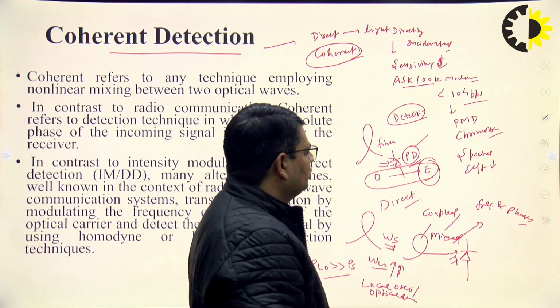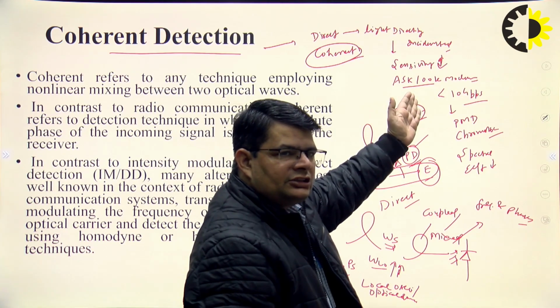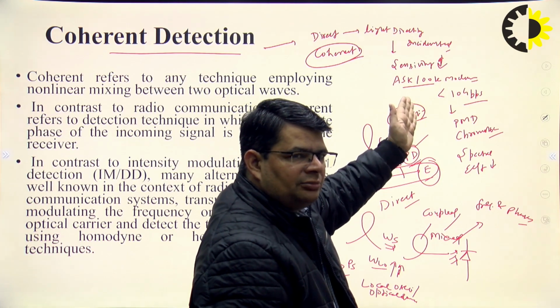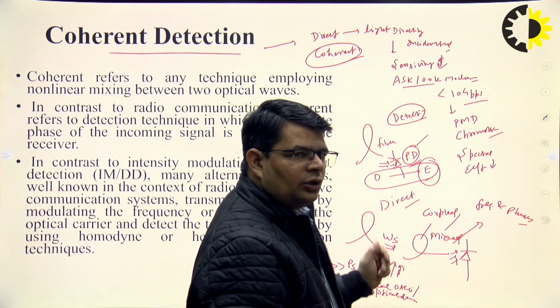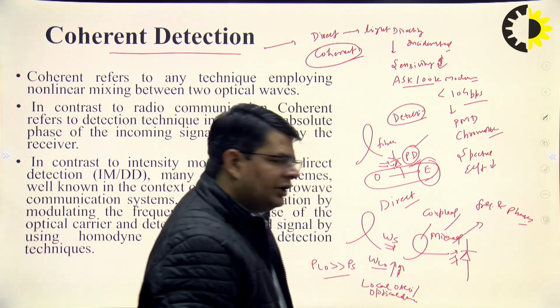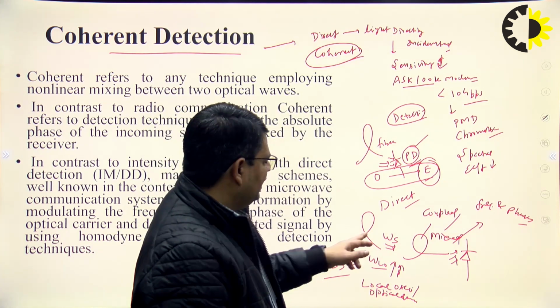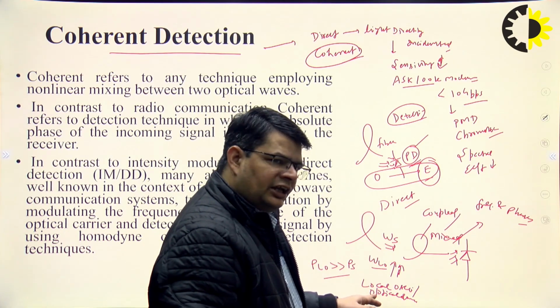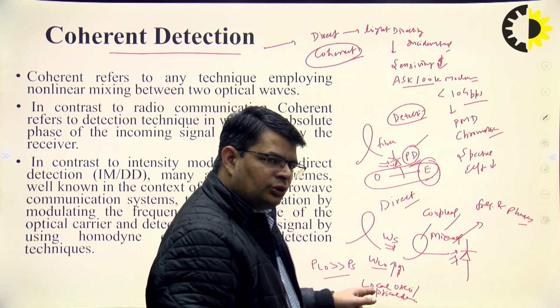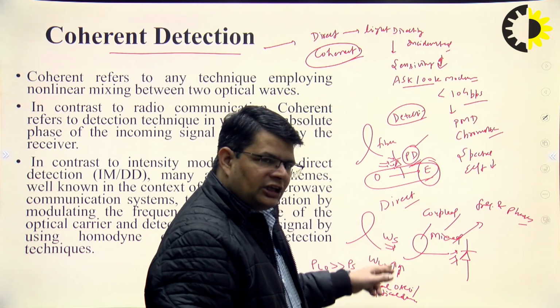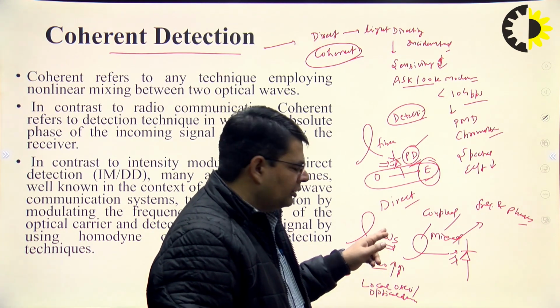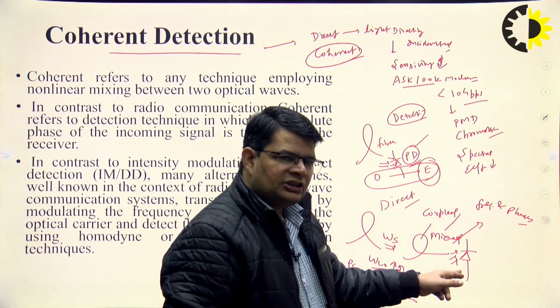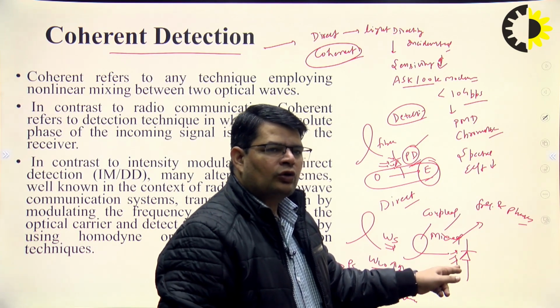So all the limitations of the direct detection scheme can be overcome by coherent detection. In coherent detection, we have a received signal from the fiber, and a locally generated optical signal from a local source. These two signals are coupled together and are incident over the photodiode or photodetector.